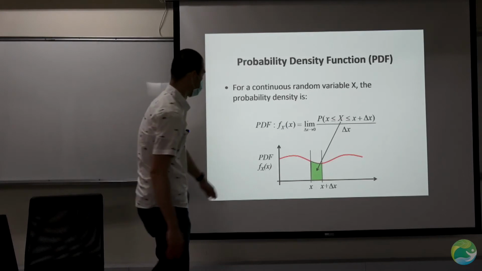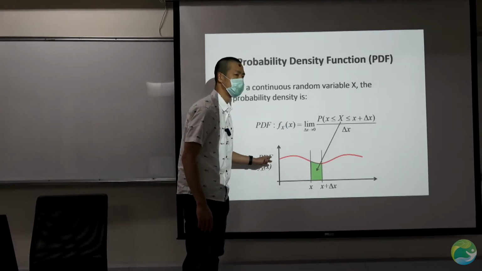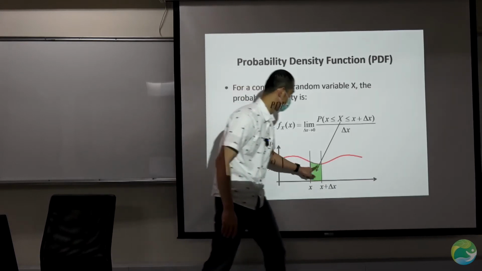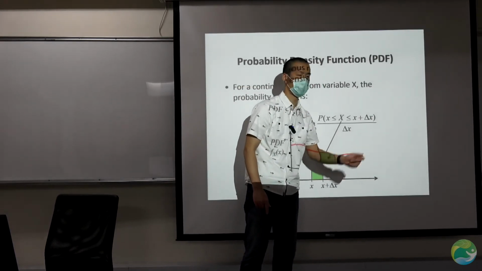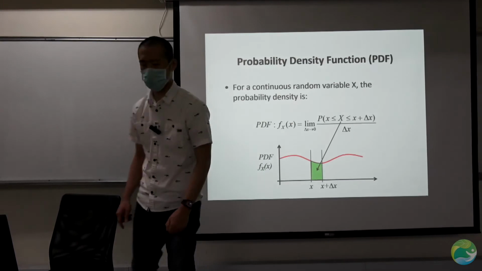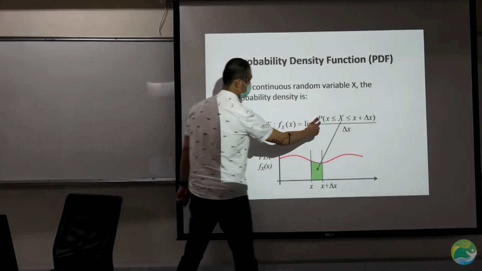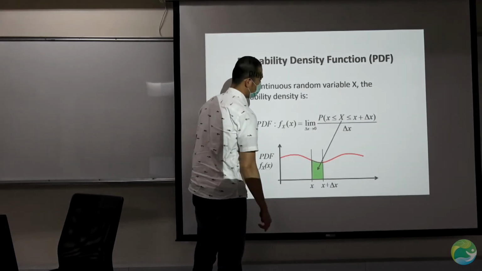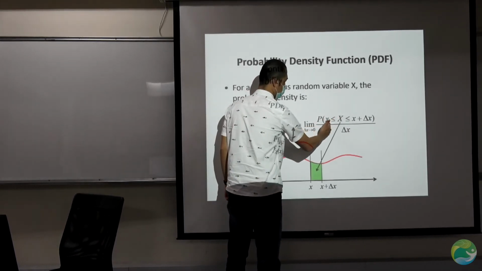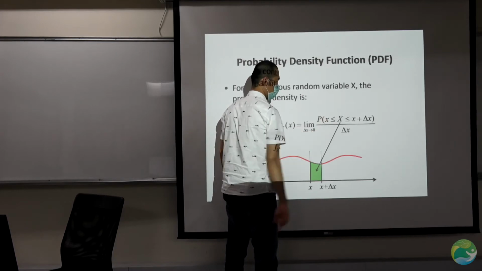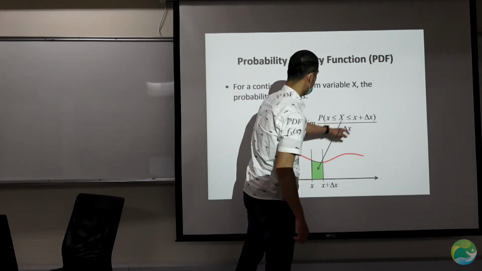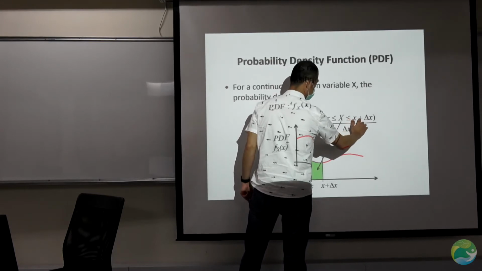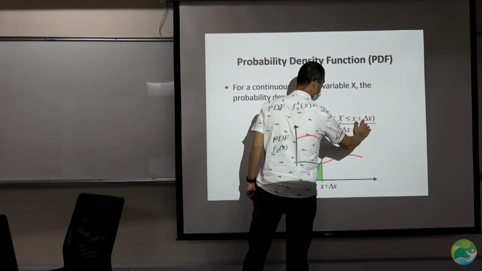So this is called a probability density function. This red curve is the density. And here is the probability, right? The probability from when x is equal to lowercase x, and then until x is equal to x plus delta x.